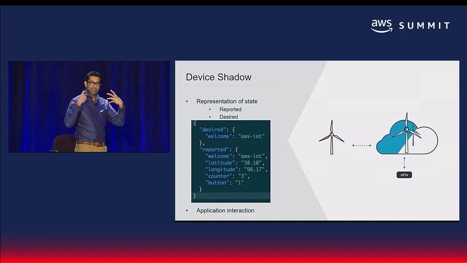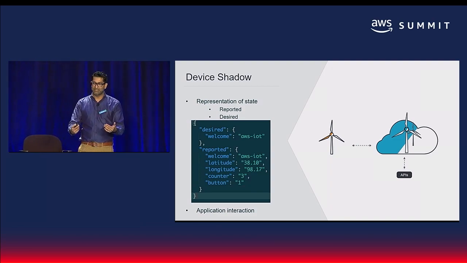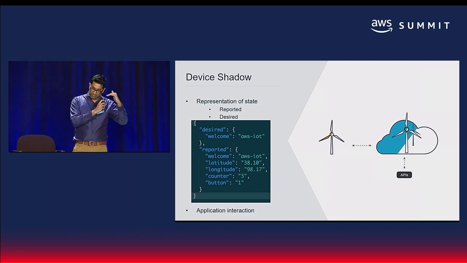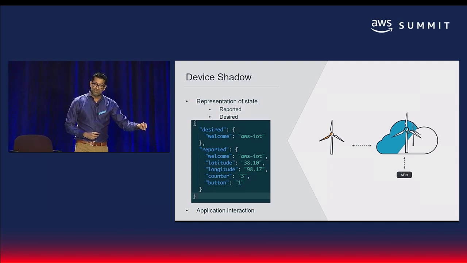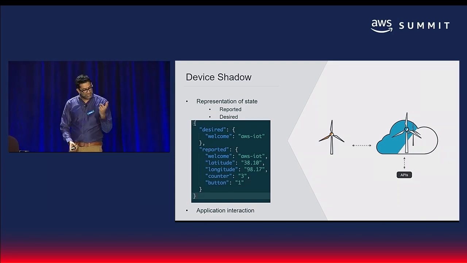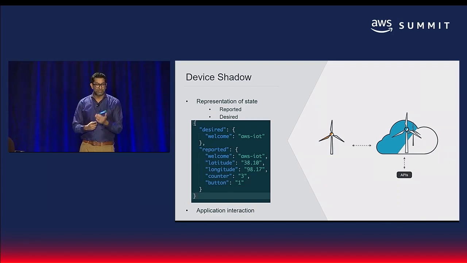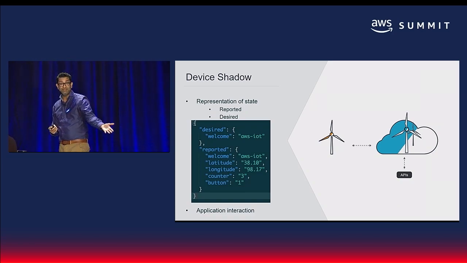So what that means is your device is reporting a state. It'll be in the reported portion. If you actually want to instruct the device to have a specific state, that's where you do desired. So you can get deltas where the reported and desired are not the same, like in this case here.